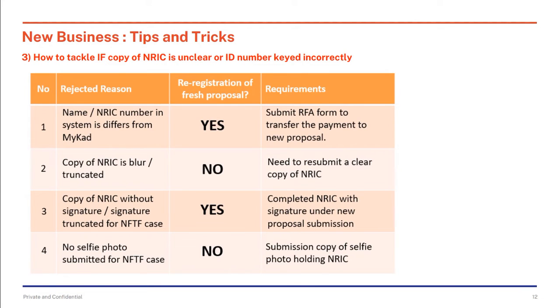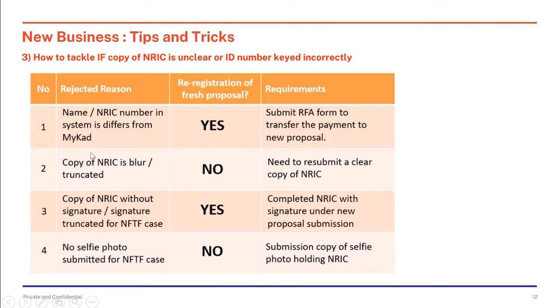For this scenario, no choice, you have to re-register a fresh proposal with the correct NRIC number again. But you can submit the RFA form, the request for amendment form, to transfer the payment from the old policy, which is the wrongly keyed-in policy number, to the new proposal, so that we will not refund the premium in the wrongly keyed-in proposal.